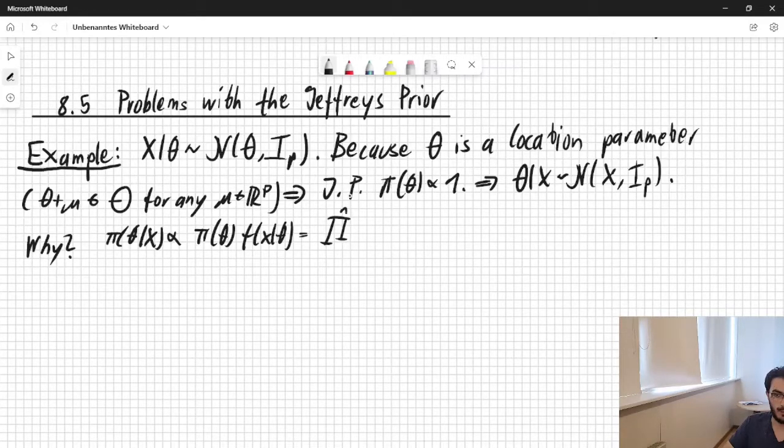Remember, we have a product here because we have independence, and we have 1 over the square root of 2 pi times e to the power of minus 1/2 times (xi minus theta i) squared. I'm sorry, I don't know why I always say mu.